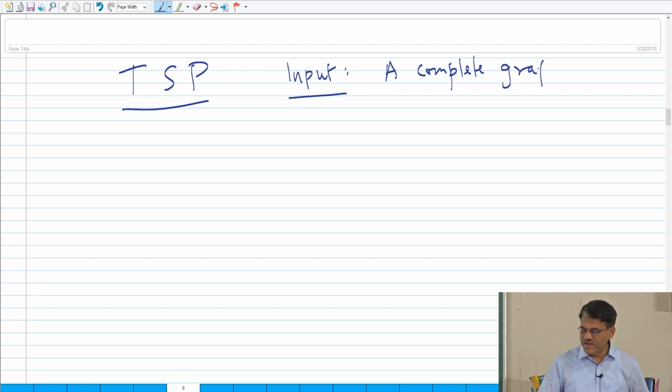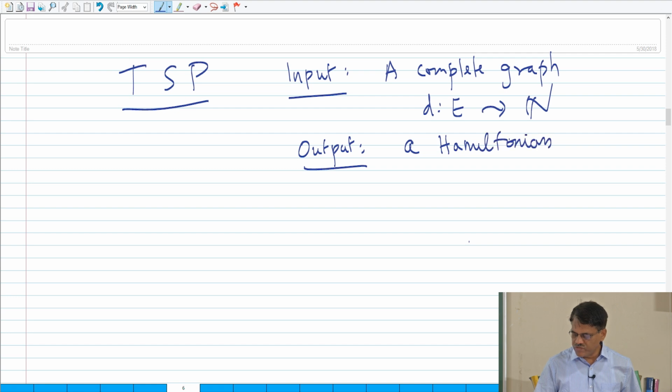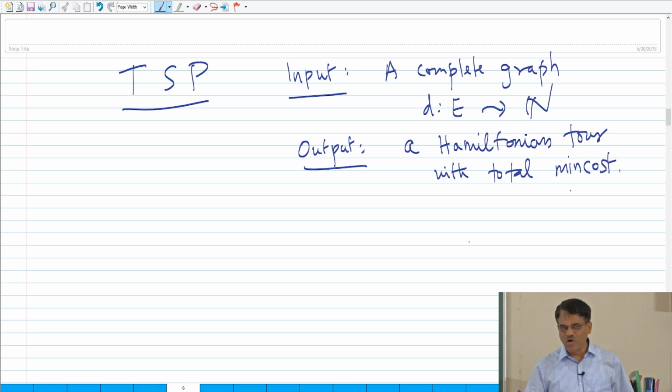If it is not complete, then you just add missing edges with some infinity distance, and you have distances on the edges, natural numbers, and output a Hamiltonian tour, a tour that visits every vertex exactly once with minimum cost, minimum distance, whatever.